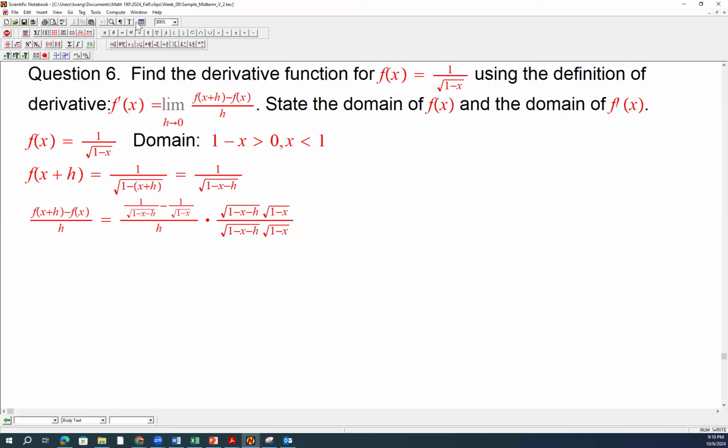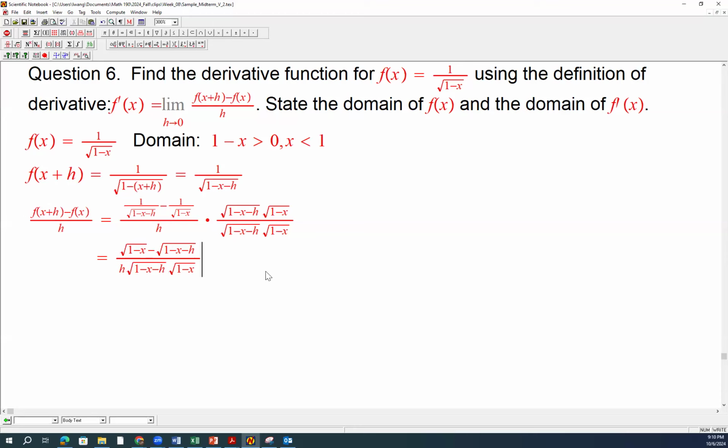And next, we're going to take these pieces, right? Numerator, multiply the numerator. Denominator, multiply the denominator. No parentheses needed. This makes 1. And this piece and that piece makes 1.